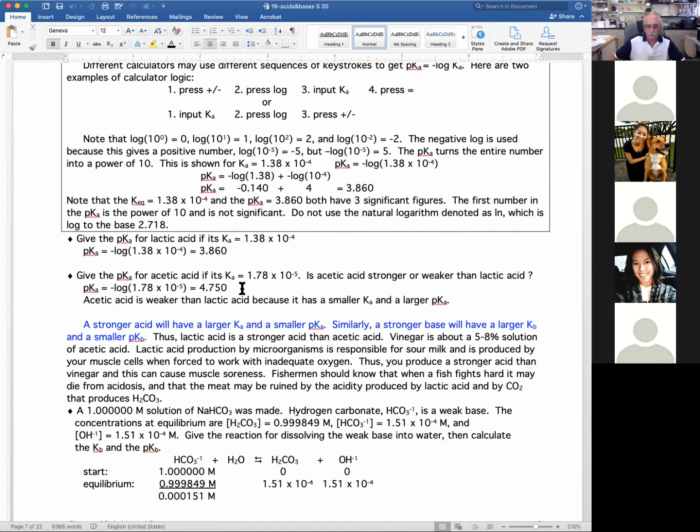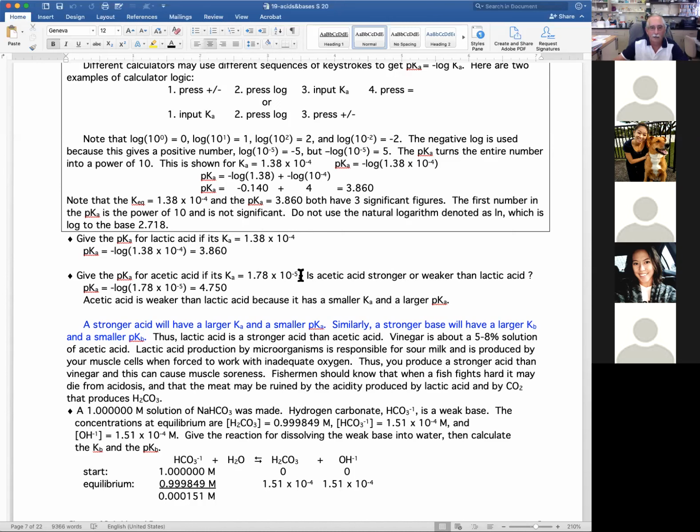So let's see what that means. I'm asking the question, is acetic acid stronger or weaker than lactic acid? If you look at the Ka, here's a bigger number than this, right? So based on the Ka, you're going to get more products from lactic acid. Lactic acid is a stronger acid.